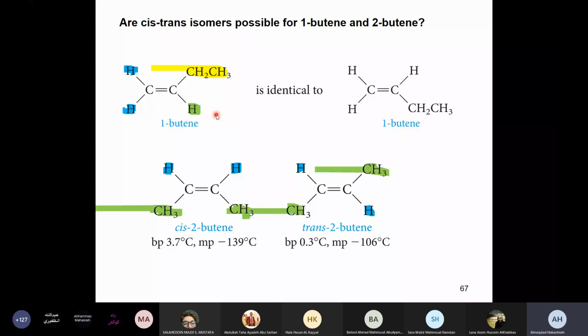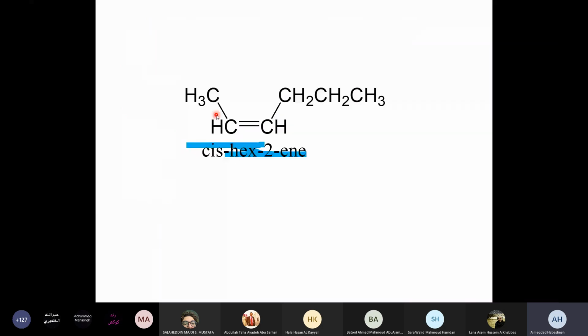Let's start with this alkene and let us exercise the naming of these alkenes by involving cis and trans.